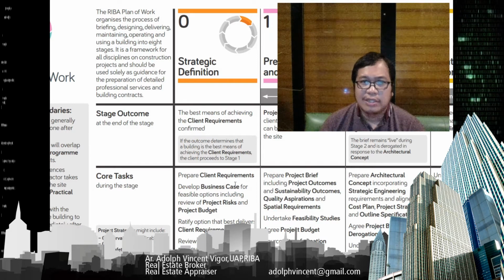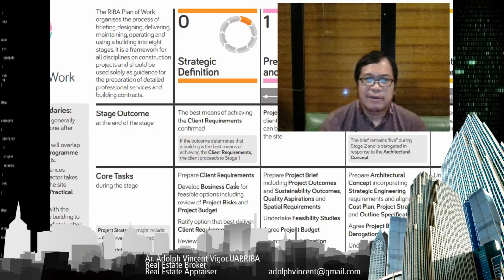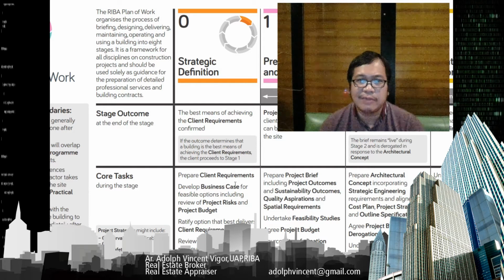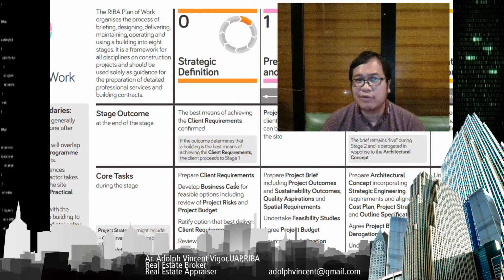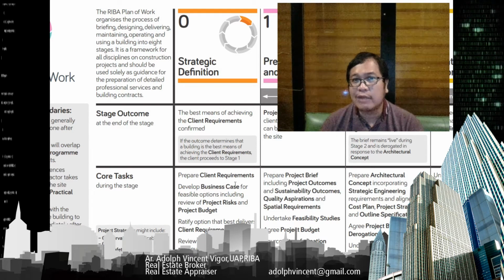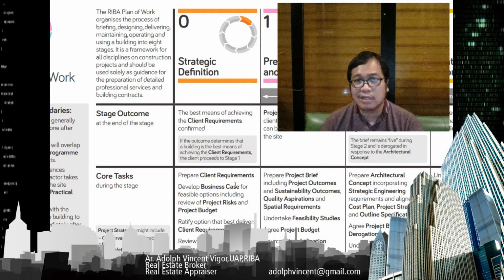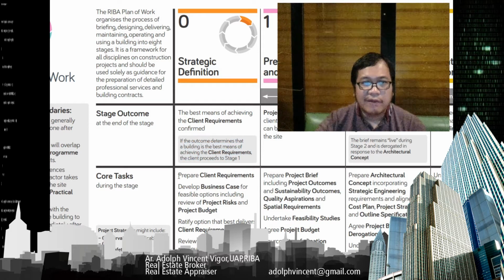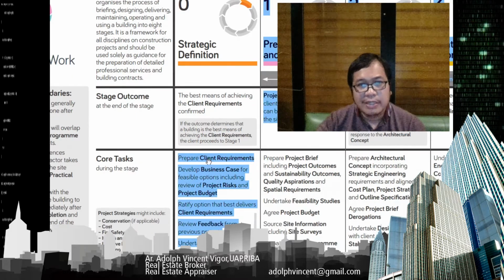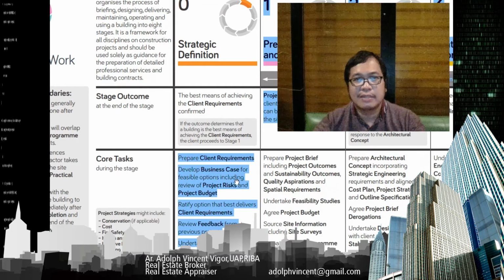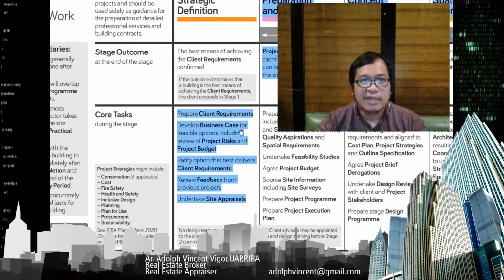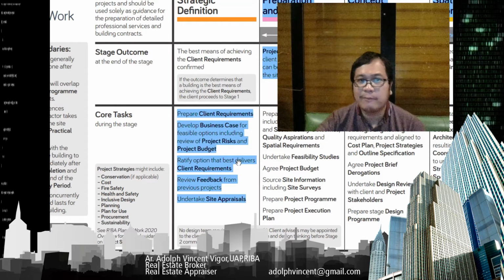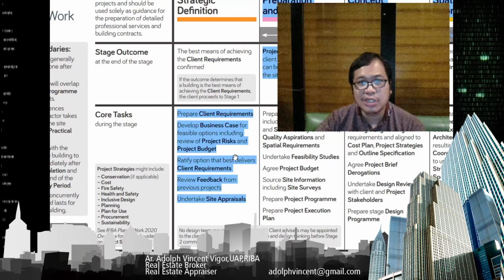Like it says here, if the outcome determines that the building is the best means of achieving the client requirements, then you go to stage one. You talk to the client about his requirements at this stage. So what are the core tasks? First is to prepare the client requirements. Develop the business case for feasible options, including review of project risk and project budget.